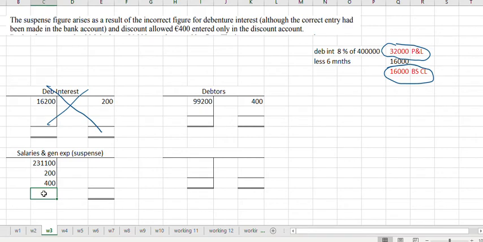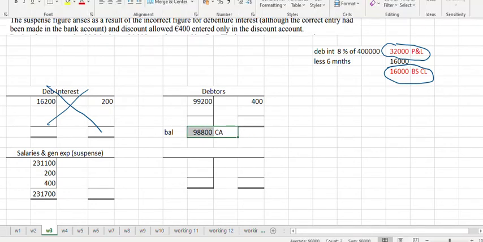So we balance the salaries and general expenses. We get 231,700. When we balance the debtors account, we get 98,800. I'm just doing it quick here. So the 98,800 would be a current asset, debtors figure.